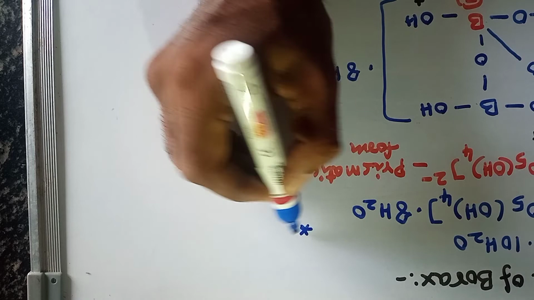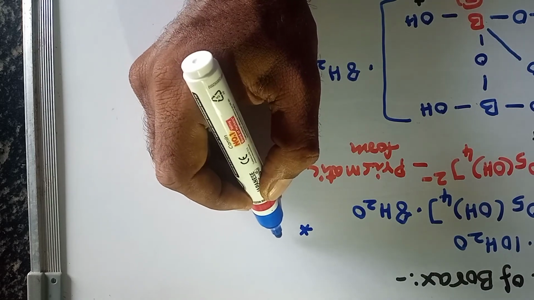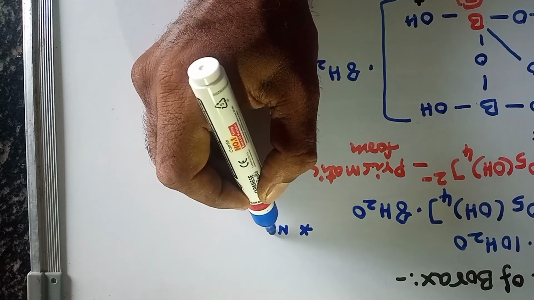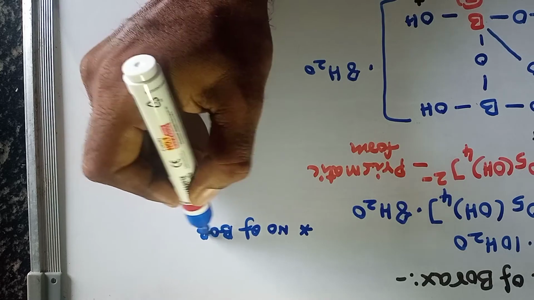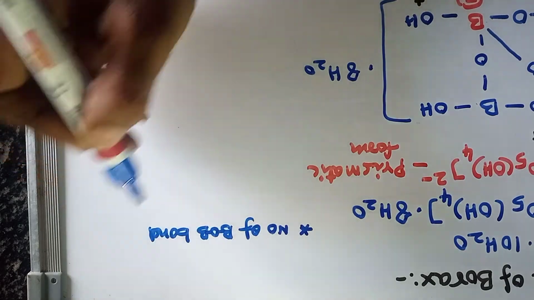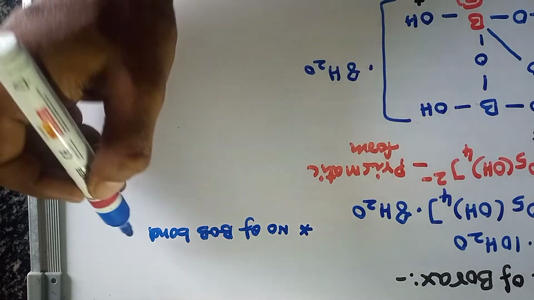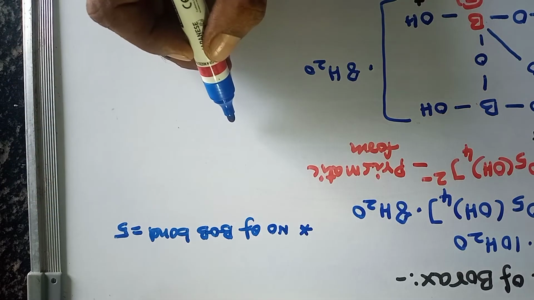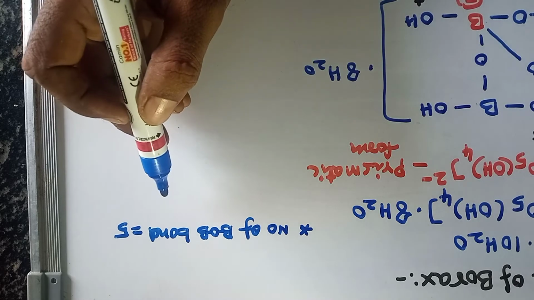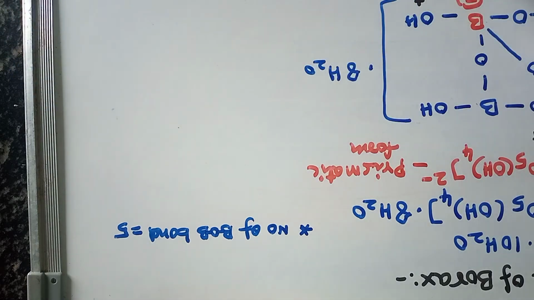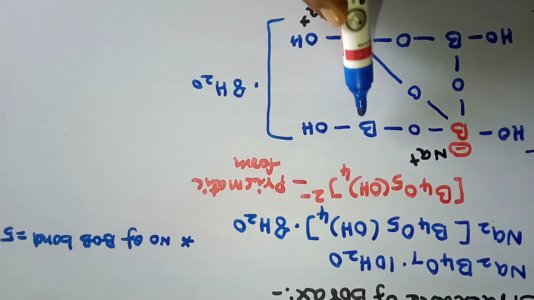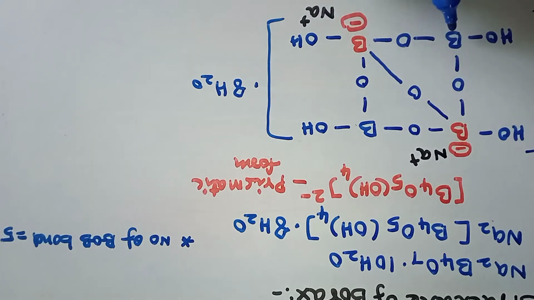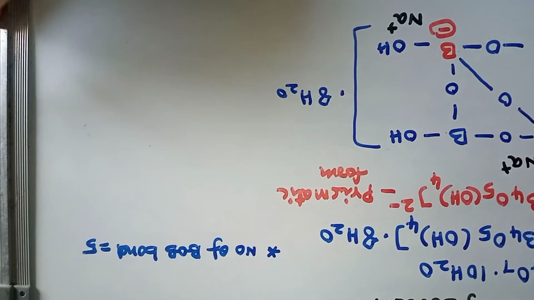First point, the number of B-O-B bonds is equal to 5. Borax has 5 boron-oxygen-boron bonds.